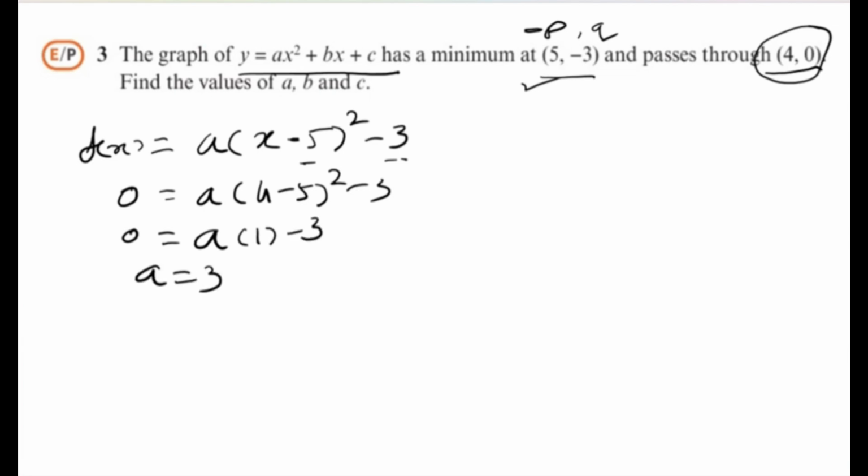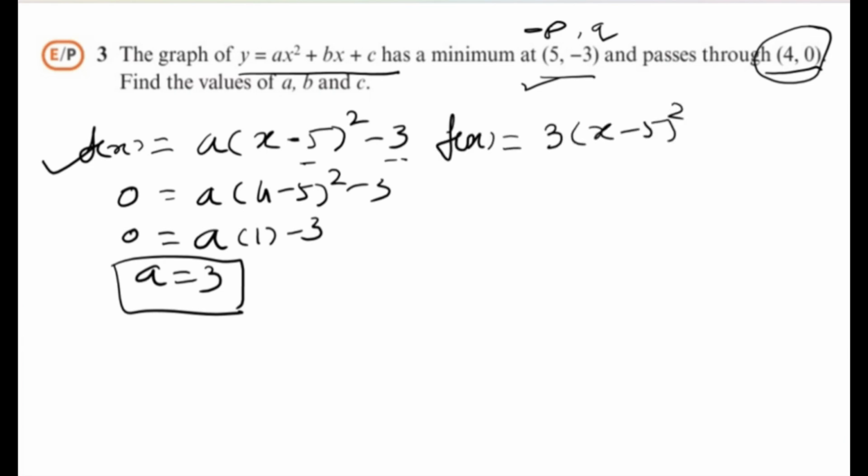So a, I am getting 3. So now I got the value of a. So I can write this function by substituting the value of a. So my f of x is equal to 3 into x minus 5 squared minus 3.